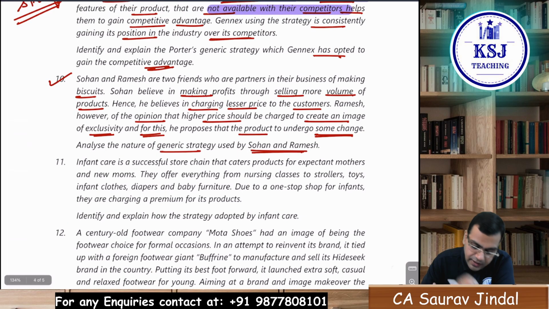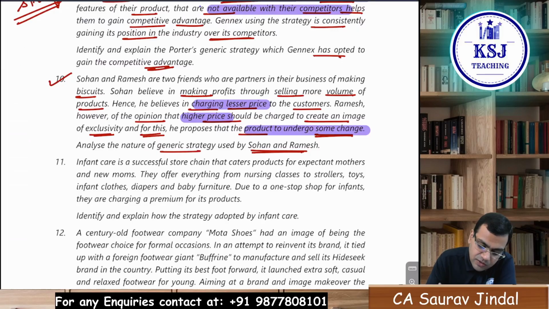For Sohan, highlight the keywords. For Sohan, the keywords are selling more, charging less price. What are the keywords here? Charging less price. And for Ramesh, what is it? Higher price and the product to undergo some change. So if I ask you, sir, Sohan is following which one?